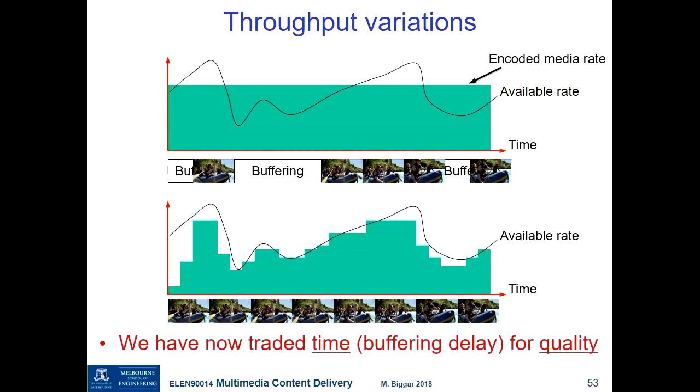So we've traded time, the buffering delay, for quality. Instead of having variable time, we've got variable quality. We have to lose something if the available rate from the network changes. But the aim here is to drop the quality for a bit rather than have to interrupt playout.